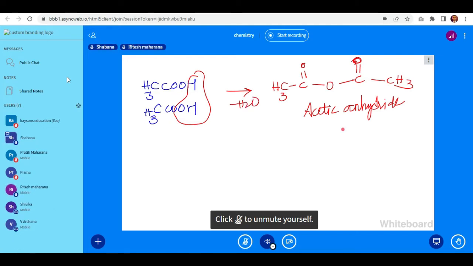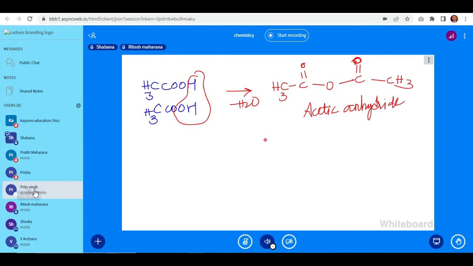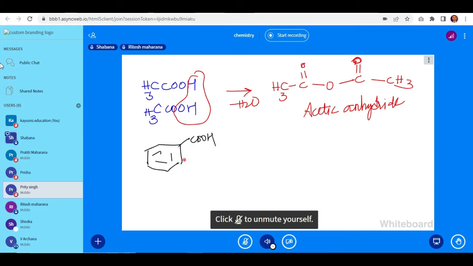Okay, so this acetic anhydride is involved in this particular reaction. To this you are adding a compound with OH. So what happens here?